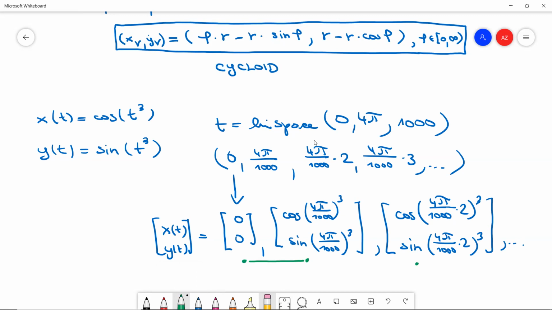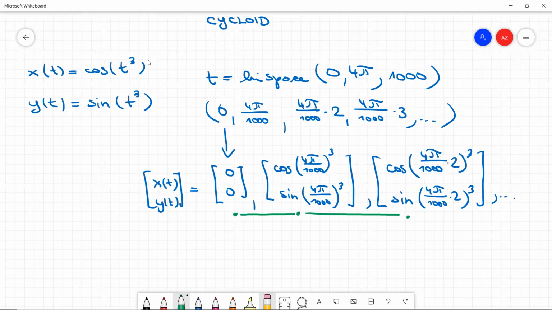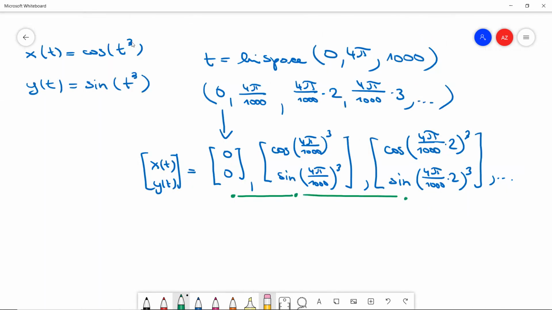Then you have another point, and it connects those two points. And since t to the power of 3 is large, the points jump around. The first point is not 0, 0, but it's 1, 0. We start at this point, then the next point jumps here, and the next jumps here, and so on. So in fact, what MATLAB does is this.